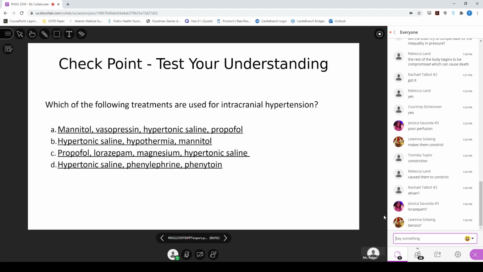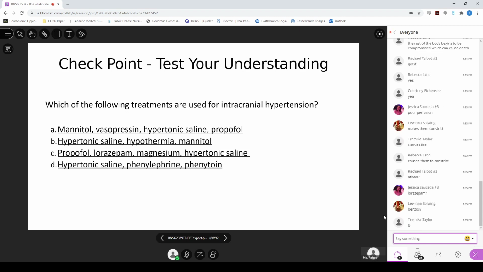Which of the following treatments are used for intracranial hypertension?